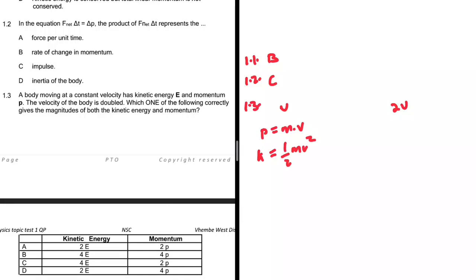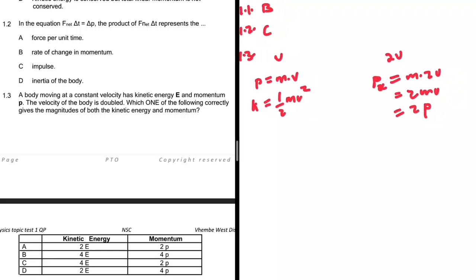Let's take a look at the scenario where the velocity is now 2v. The momentum, let me say px, will be m multiplied by 2v, which is equal to 2mv. So this is 2p. The momentum doubles when the velocity doubles. Now let's take a look at kx. We have a half m, and instead of v we have 2v, and we square that.